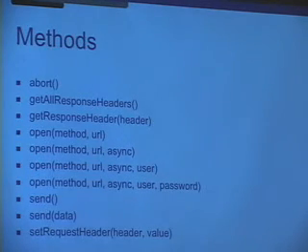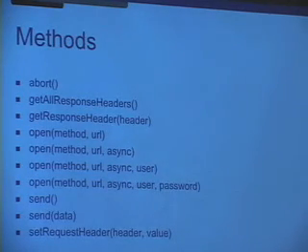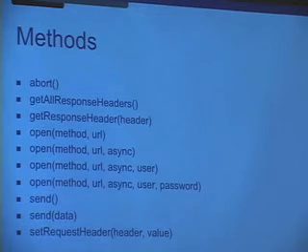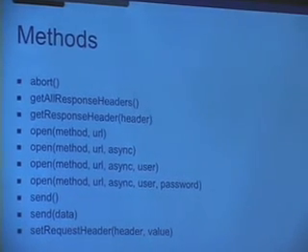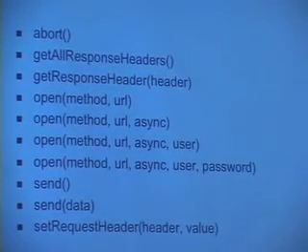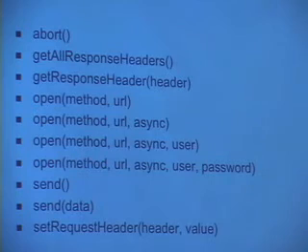So what methods exist within this library? There are bunches of methods that exist for the date class or object in JavaScript, for the string class. Here are the ones that exist for this object across all browsers. We won't go into great detail about all of these. We'll see them rather in practice, but it's fairly simple. It really boils down to like 4 or 5. There's abort, which just means stop this AJAX connection.